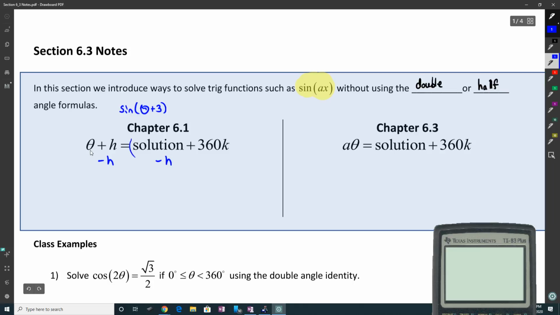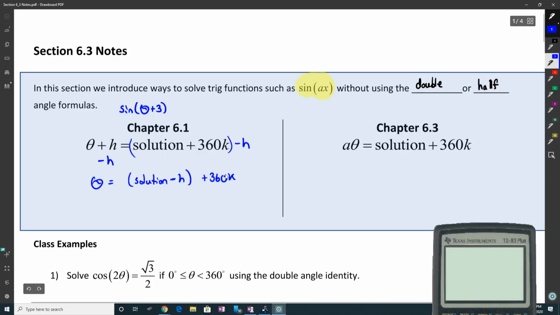Now, if you subtract from the entire side, subtraction can just move around. So really, we have the solution minus h, and then the plus 360k is on the outside. And so that's what you did. We just subtracted the h from the solution, but the 360k still stayed the same.